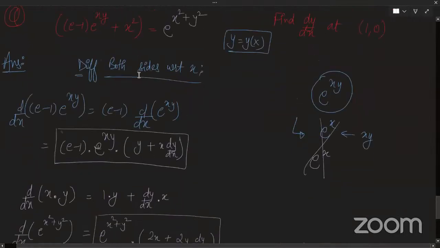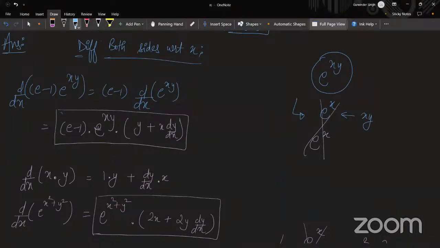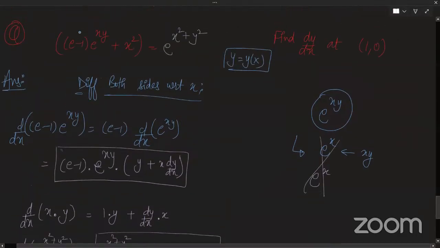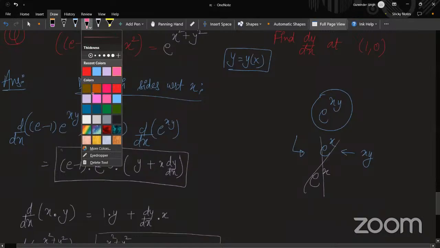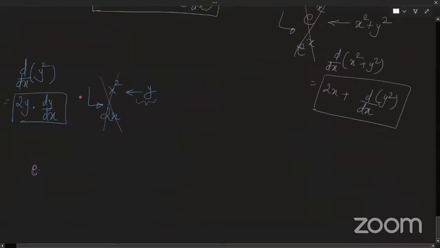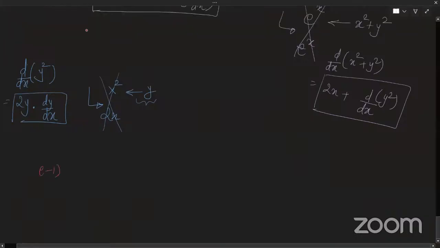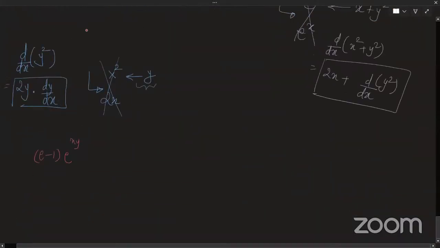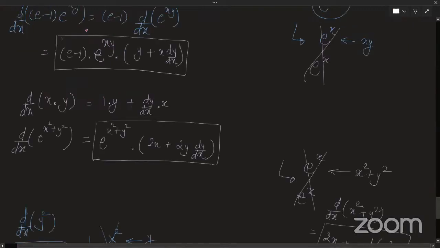Fine. So let us just apply it. I had asked you to differentiate both sides with respect to x. So I have got the derivative of this part. It is e minus 1 into e raised to xy into y plus x into dy by dx, plus over here you have got another term x square.